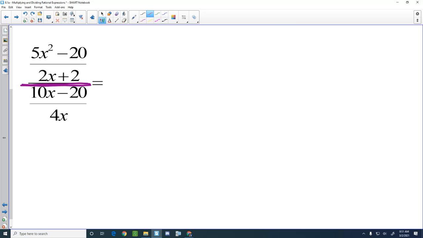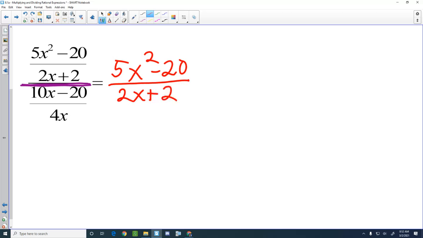So that fraction up top becomes your first fraction that you don't change. This is still 5x squared minus 20 over 2x plus 2. But I'm now making it multiplication by the fraction on the bottom, which was being divided, because that fraction bar signifies division.